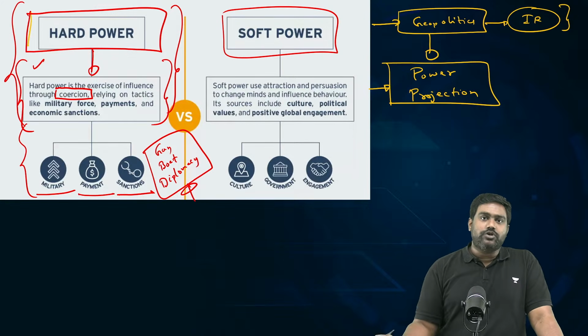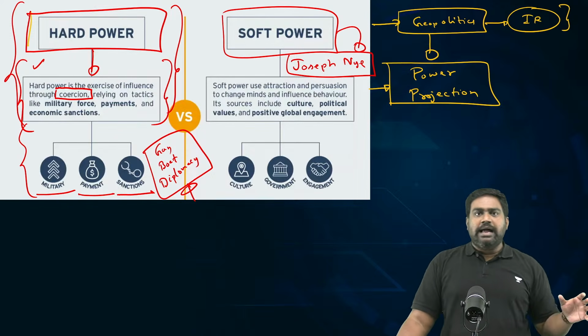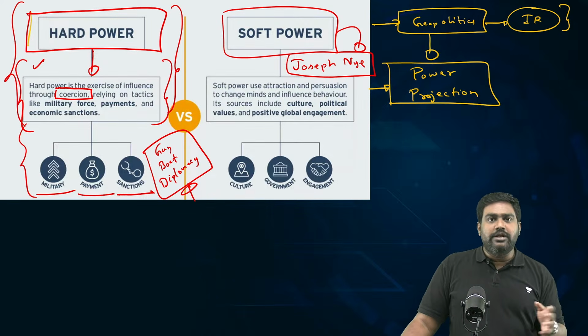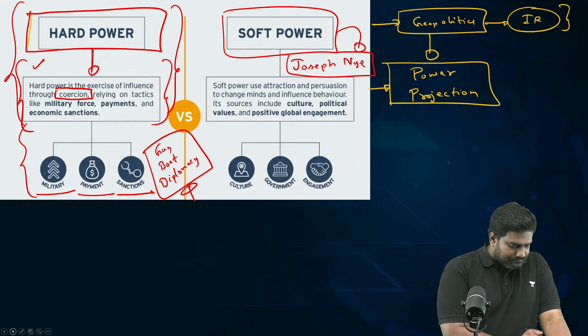The concept of soft power was defined by a well known political scientist, Joseph Nye. But the idea of hard and soft power has existed since ancient times. It's nothing new. Look at Indian thinkers like Kautilya.